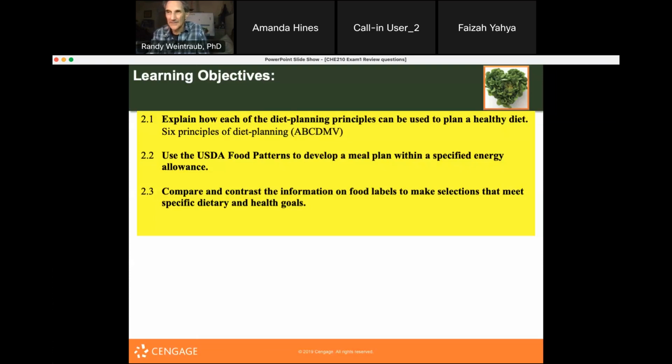Compare and contrast labels. So food labels are introduced. You should be able to make use of information on food or nutrition labels, and you did some exercises interpreting them. What are the things that should be on a food label?